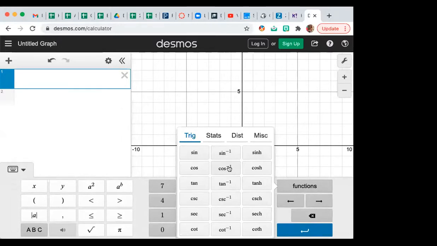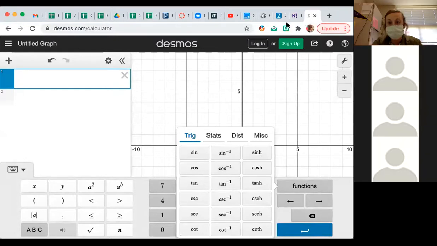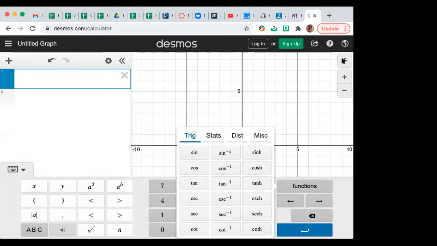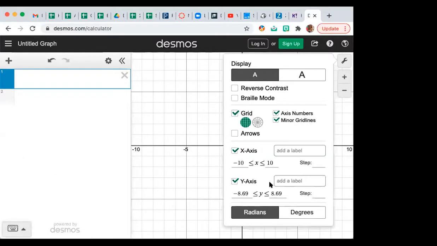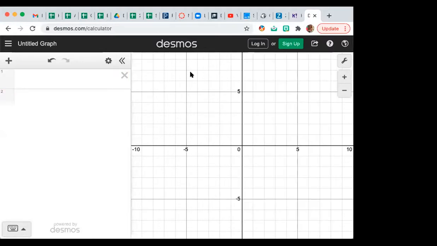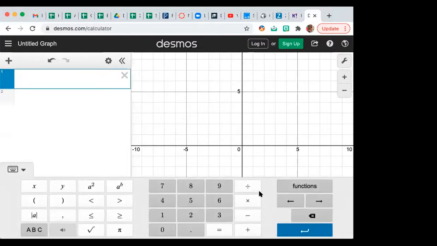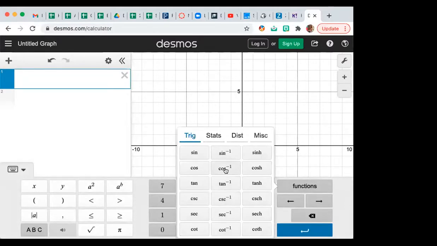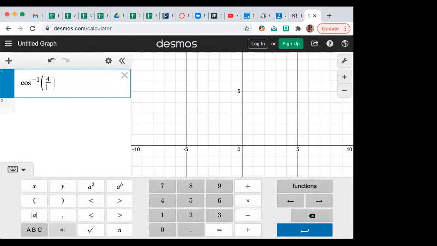What did I forget to do? Very good. I did not change my mode, my people at home, to degree. So I'm not going to get the right answer. So I'm going to go to settings and change this to degrees. Anytime you open a new Desmos, it automatically sets up in radians. So you got to change it to degrees. Functions, trig, cosine inverse of 4/7.